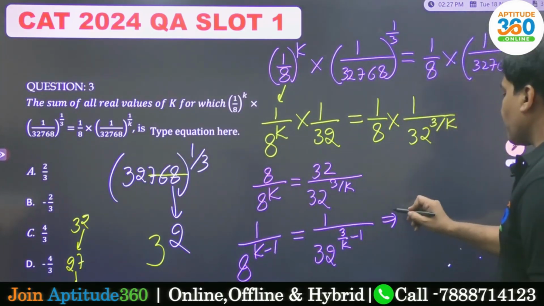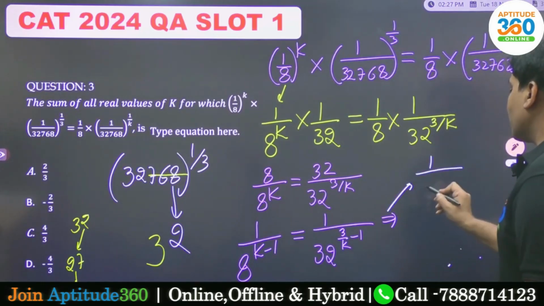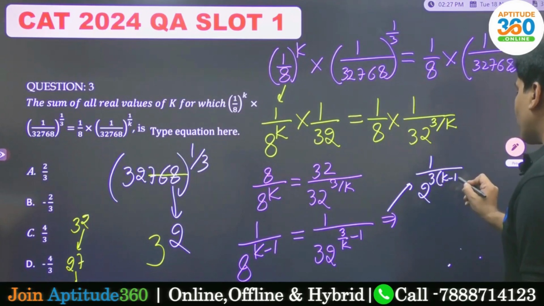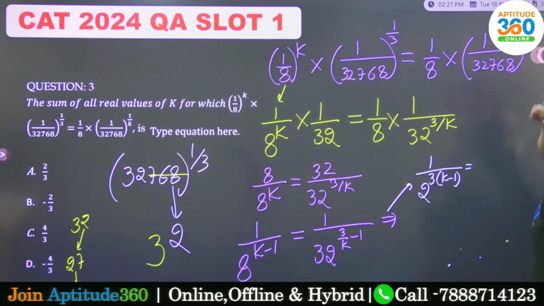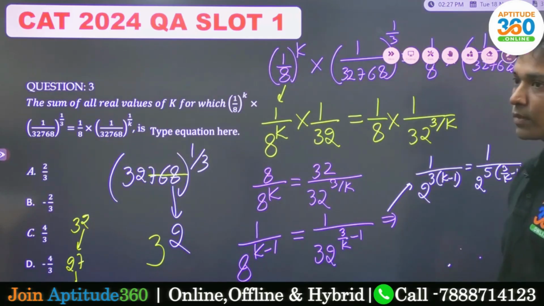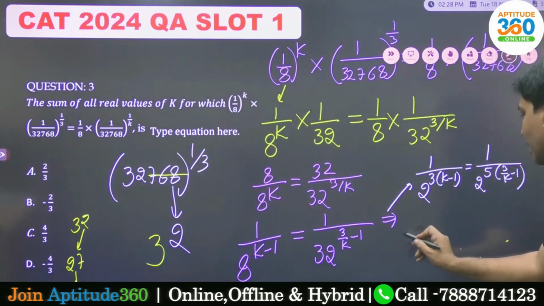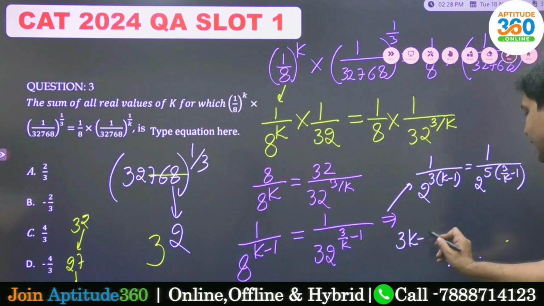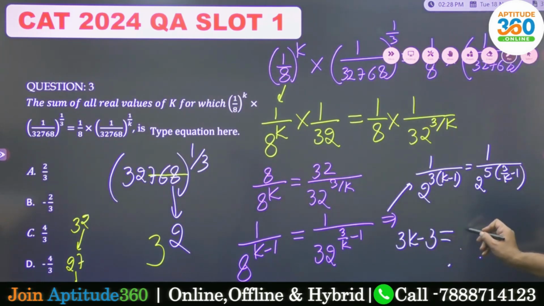So over here it becomes 2 raised to 3 times (k minus 1), and the next value out here is 2 raised to 5 times (3 upon k minus 1), isn't it? So can I say that 3 times (k minus 1) and 5 times (3 upon k minus 1), that is 15 upon k minus 5, are going to be the same.